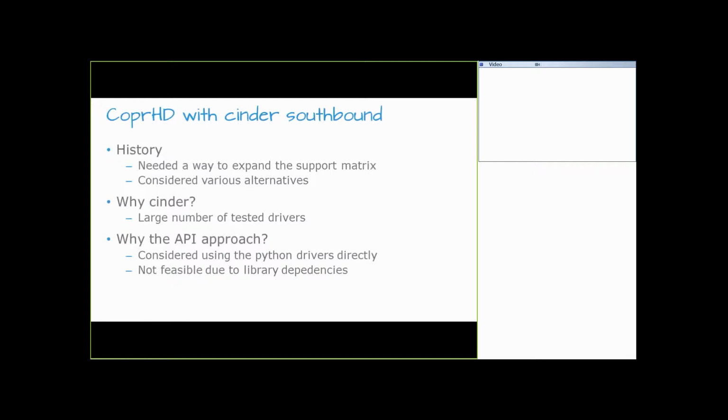For a lot of the arrays, we didn't have the information in terms of the programming spec, etc. And even if we had the spec, it was just physically impossible to put so many engineers to write so many drivers. So we wanted a way to expand the support matrix, and by looking at various alternatives, we said, why not use Cinder, because Cinder has a lot of drivers already.